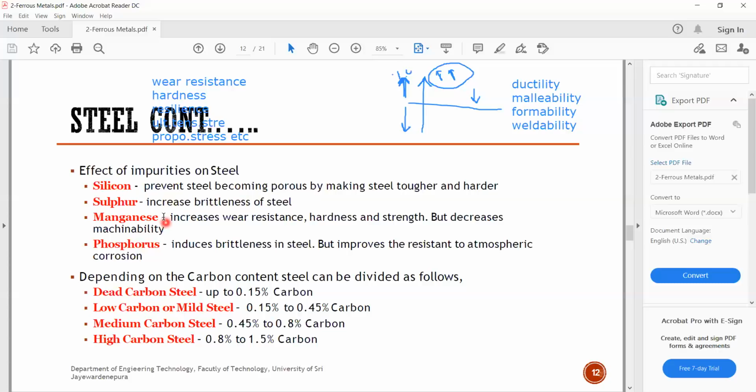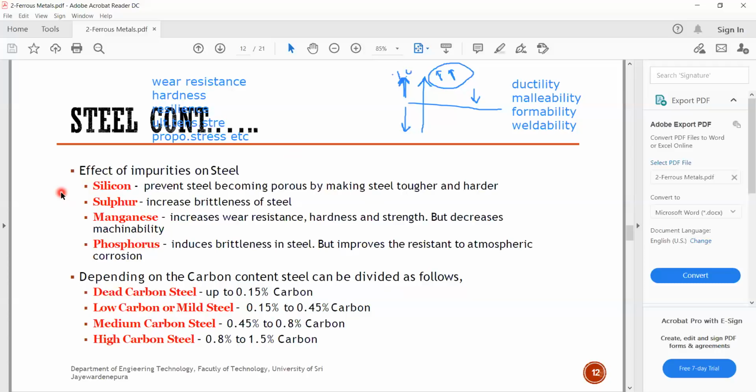If you increase the manganese, the wear resistance, hardness, and strength of the steel will increase. And if you increase the phosphorus, it will also increase the brittleness of the steel, right? So these are the effects of these impurities.